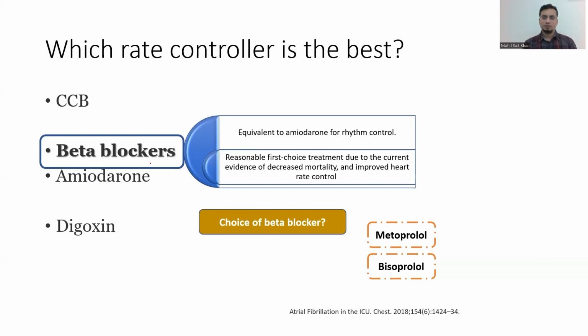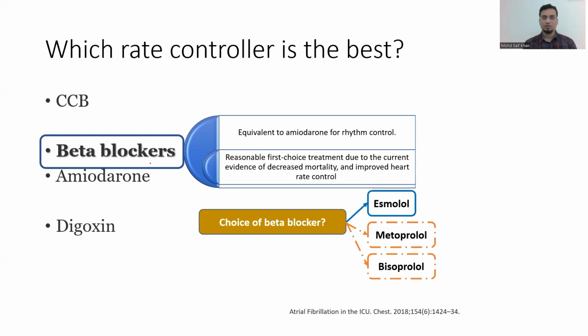In ICU patients, because they are very unstable, esmolol may be a better choice. Okay, so esmolol has the advantage of being short acting, with a very short half-life. That is why the effect of beta blocker on cardiovascular instability is unpredictable in such patients, and that is why esmolol is better.